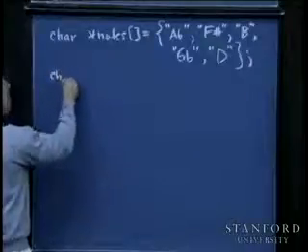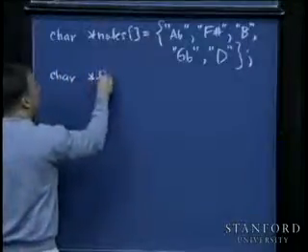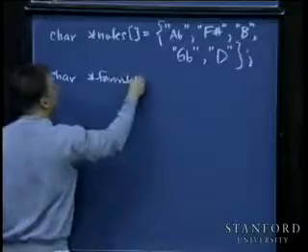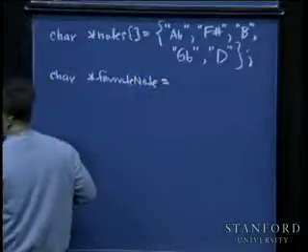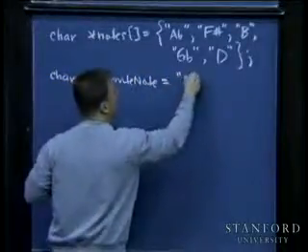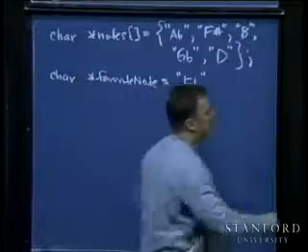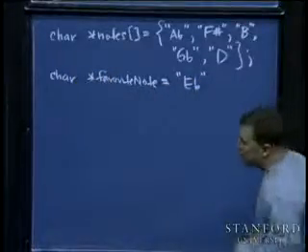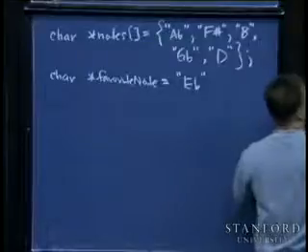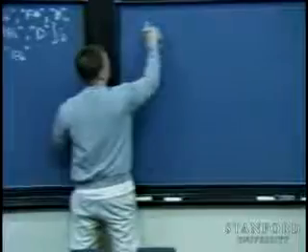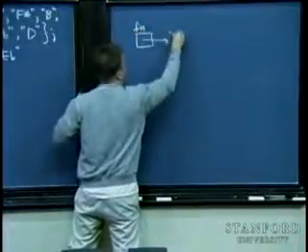Char star favorite note, as if I have a favorite note, it is E flat. Let me be very clear about this picture again. Actually, let me draw it again. Favorite note points to E flat.